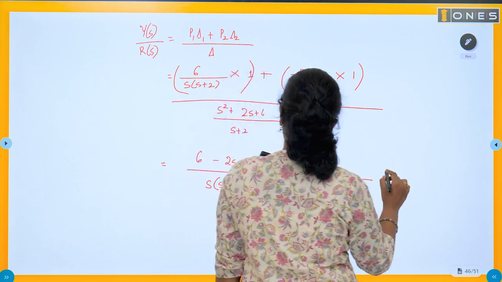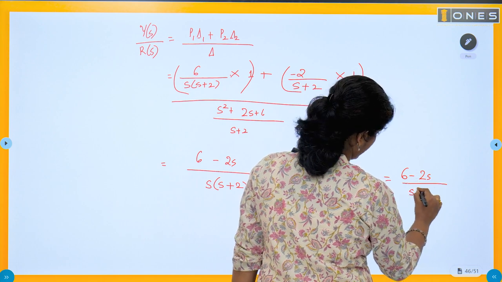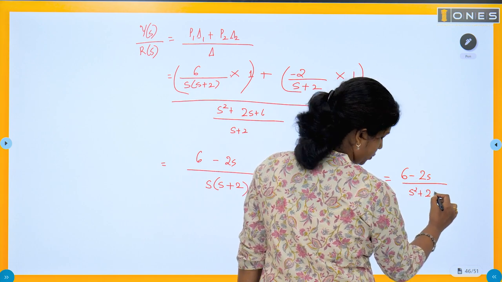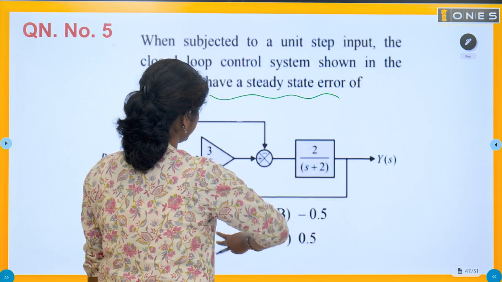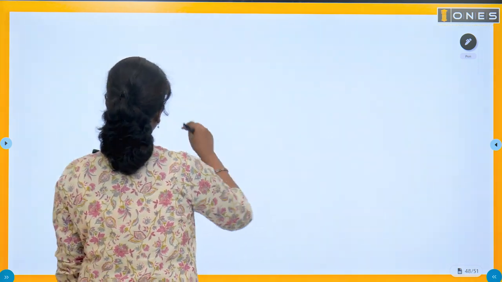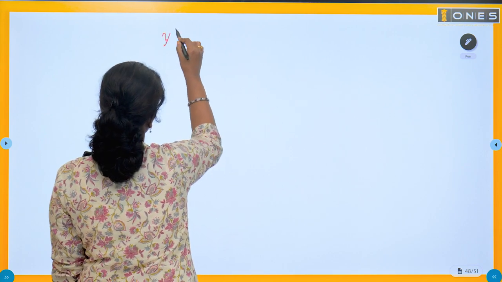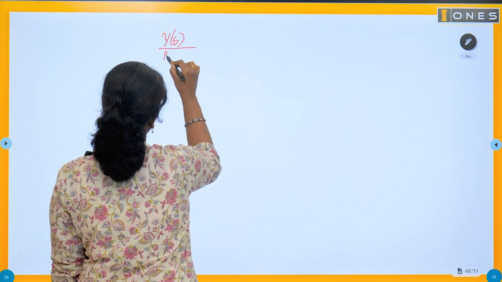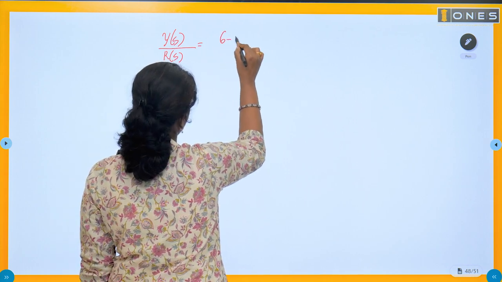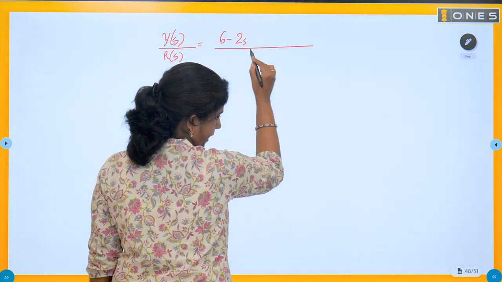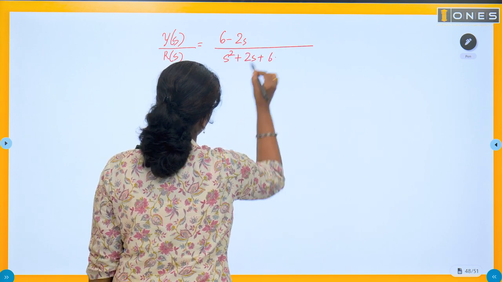So that comes to 6 minus 2s divided by s square plus 2s plus 6. So I can write Y of s by R of s equal to 6 minus 2s divided by s square plus 2s plus 6.